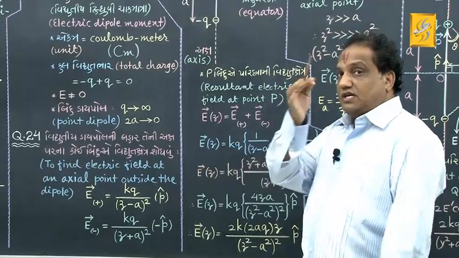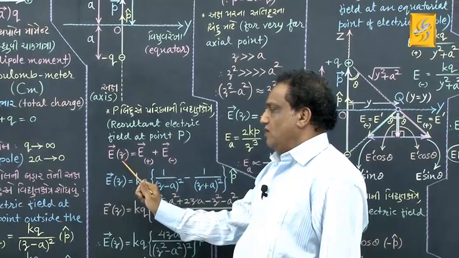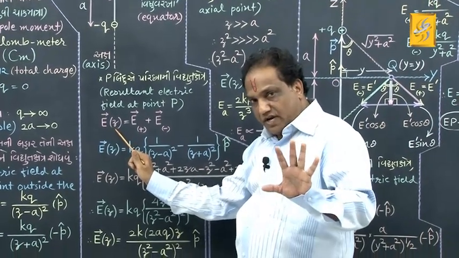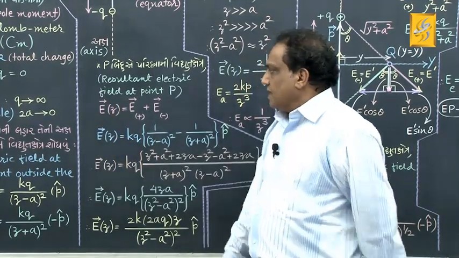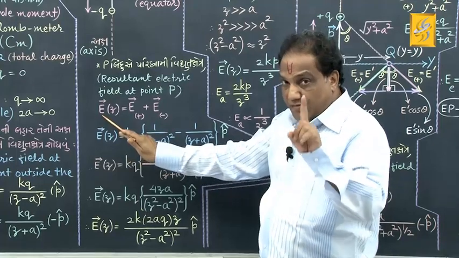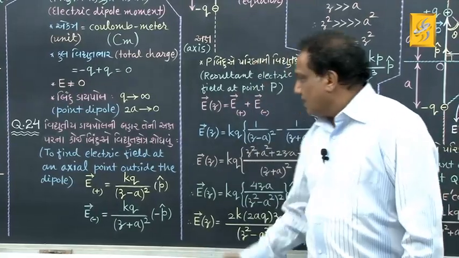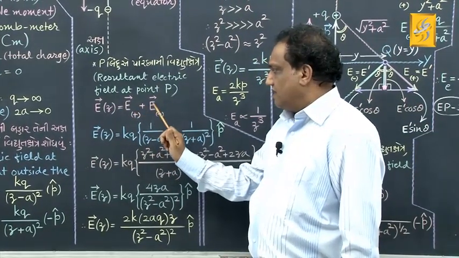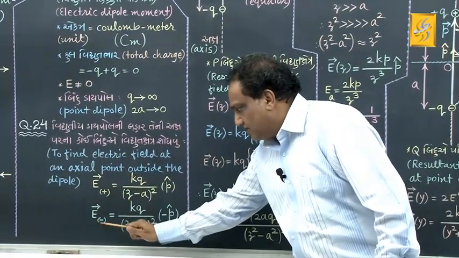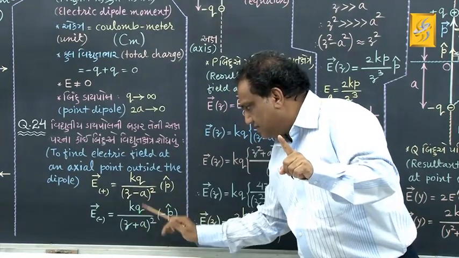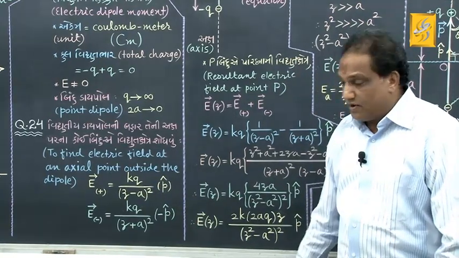Now I want the resultant electric field at this very point. Let it be shown by the symbol vector E of z, just to indicate that this is a function of z. That resultant electric field can be found by making vector addition of these two independent electric fields: vector E positive plus vector E negative. When you take this plus this, which part can you take common?